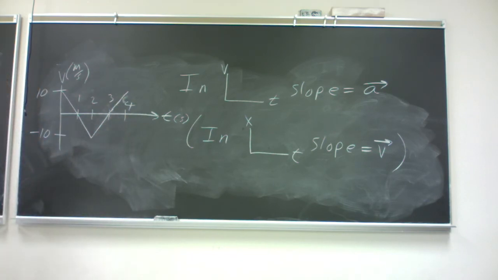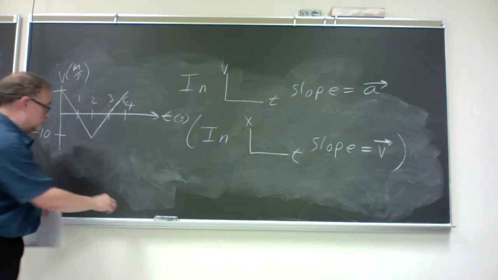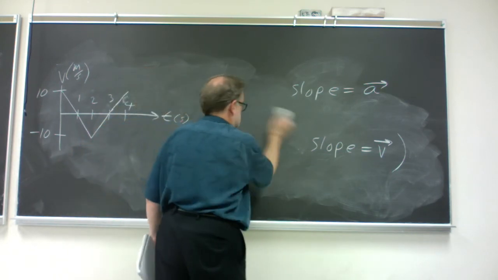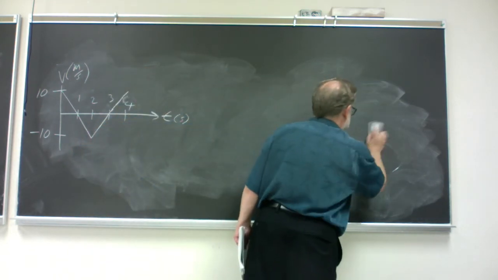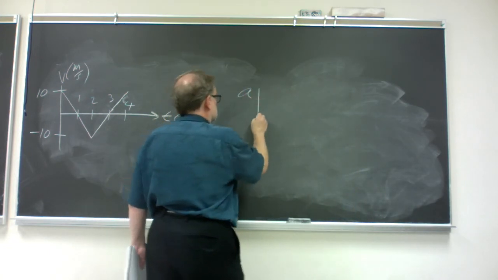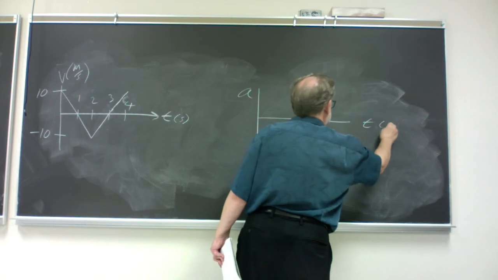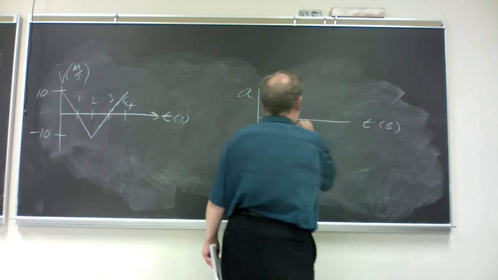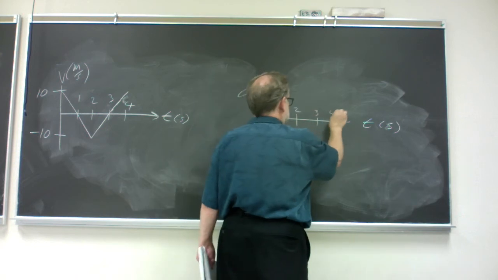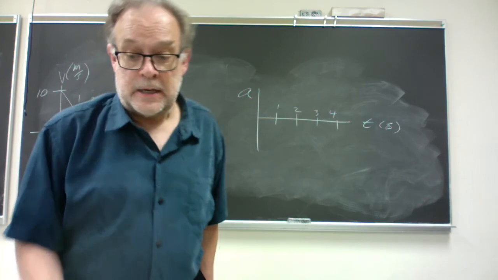So what does the acceleration versus time graph look like? Mark off 1, 2, 3, 4 seconds.